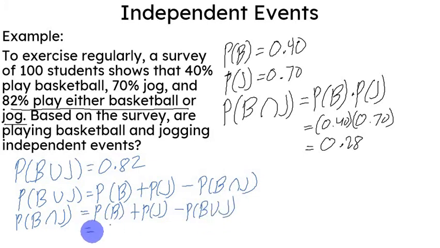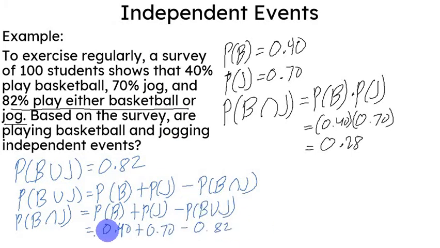So we have these values here. We have the probability of playing basketball 0.4 plus the probability of jogging 0.7 minus the probability of doing either, which is 0.82. Oops, I wrote 28. That is supposed to be 82.